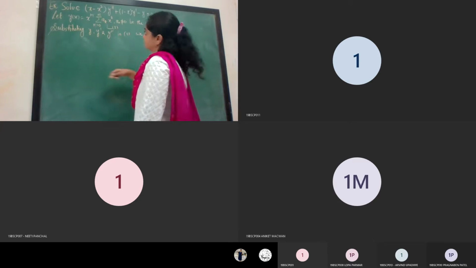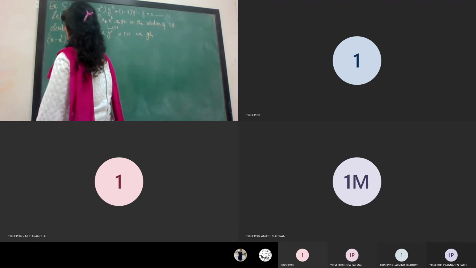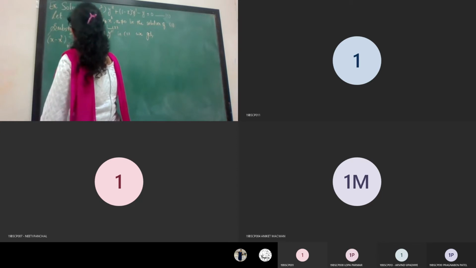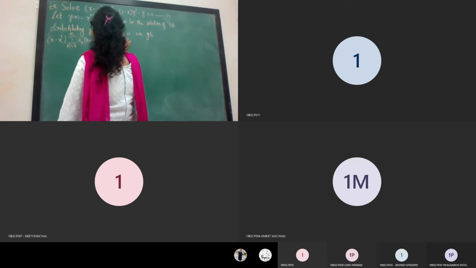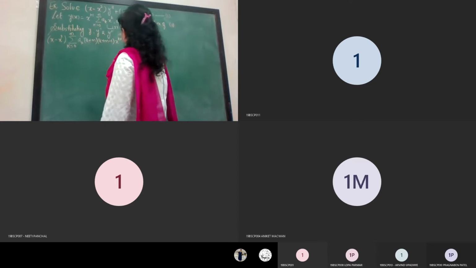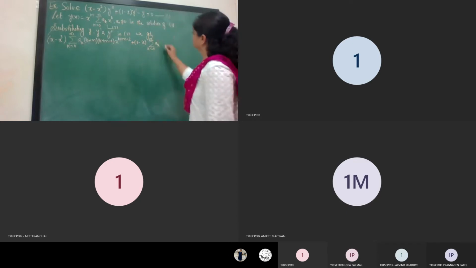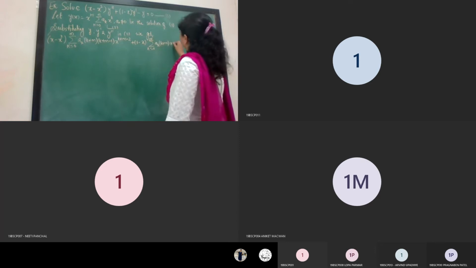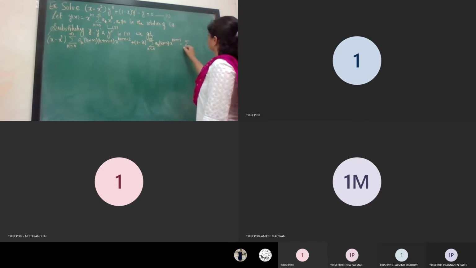We get x minus x square, y double dash means the infinite series ak k plus n, k plus n minus 1, x raised to k plus n minus 2, plus 1 minus x, summation k is equal to 0 to infinity, ak k plus n, x raised to k plus n minus 1, minus y, that is the infinite series itself, ak x raised to k plus n, is equal to 0.